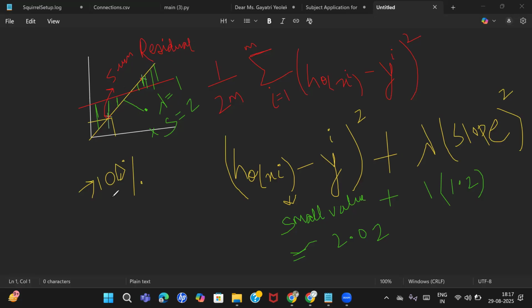So ridge, we also call it L2 regularization.